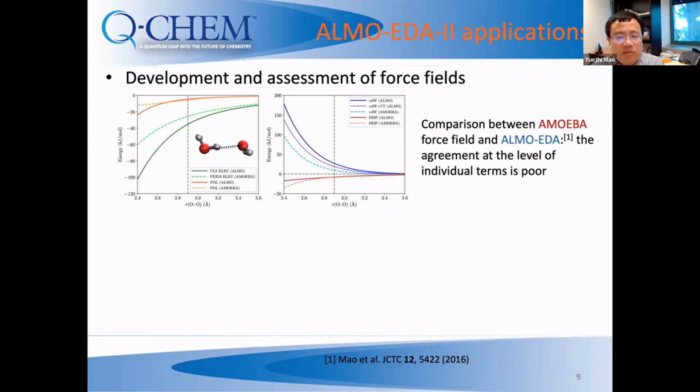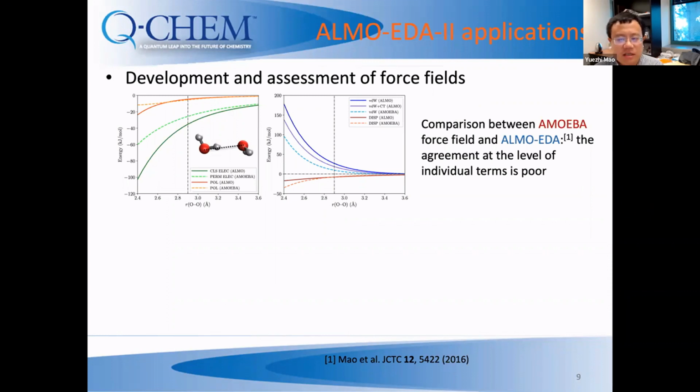And ALMO-EDA 2 can also be used to assist the development and assessment of force fields. This was from a pretty early paper of mine. We compared the terms in ALMO-EDA and also the terms in AMOEBA, which is a polarizable force field.